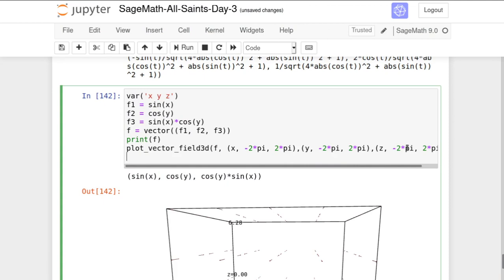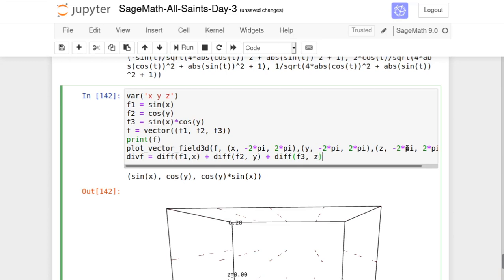So defining the divergence, we know that we need to differentiate f1, f2, and f3 with respect to x, y, and z separately. So div f is equal to differentiate f1 with respect to x, plus differentiate f2 with respect to y, plus differentiate f3 with respect to z.